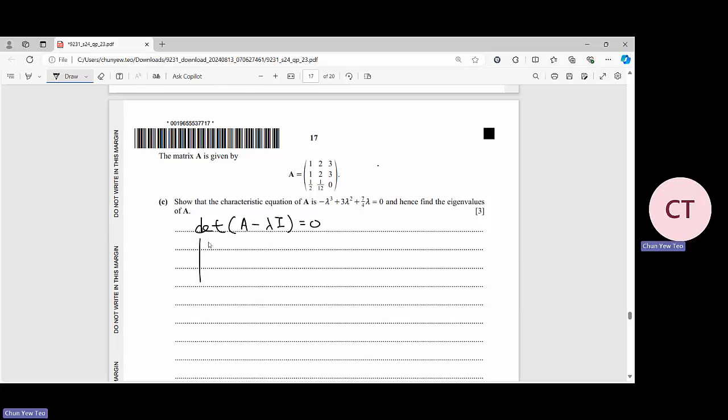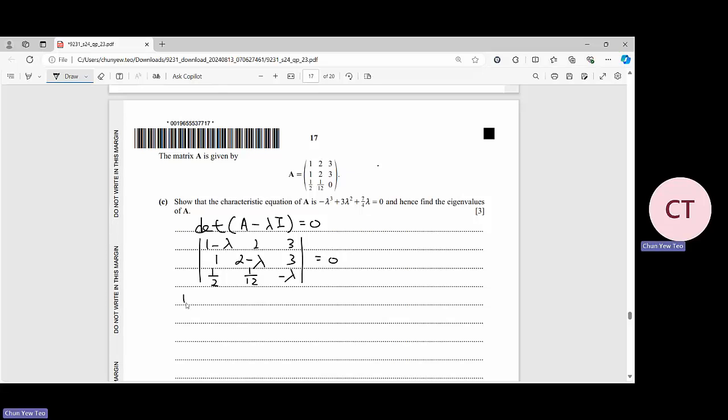That means it will be 1 minus lambda, 2 minus lambda, and minus lambda.